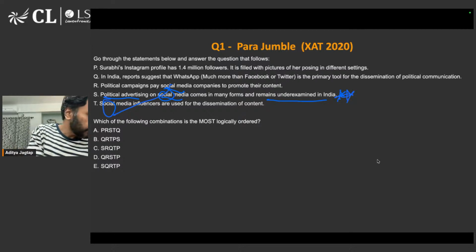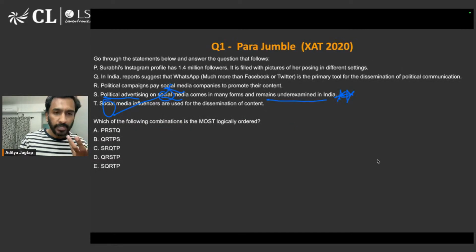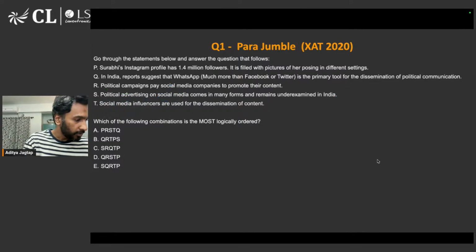So in terms of our blank, we know that topic A most probably includes the words social media. Another thing which may be included is political campaign or political advertising in India. This specificity was useful because here we are talking categorically about India, under examined in India.